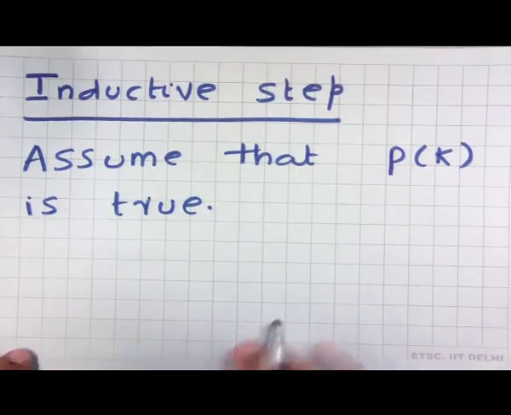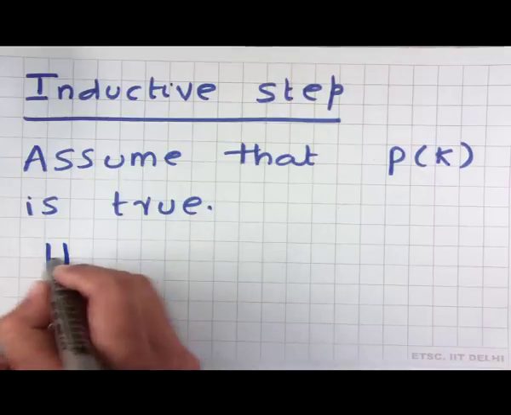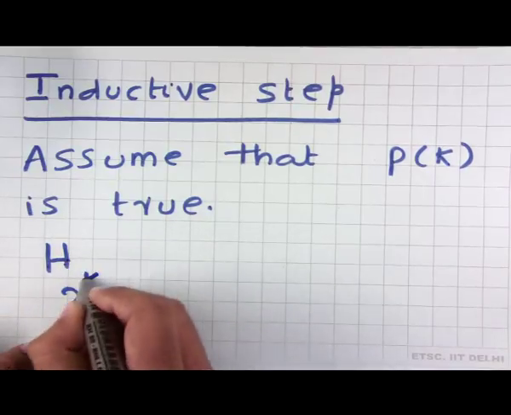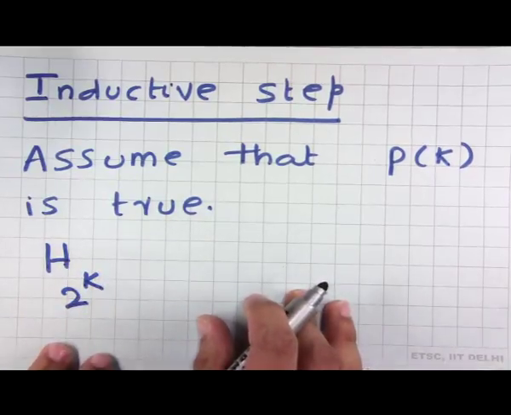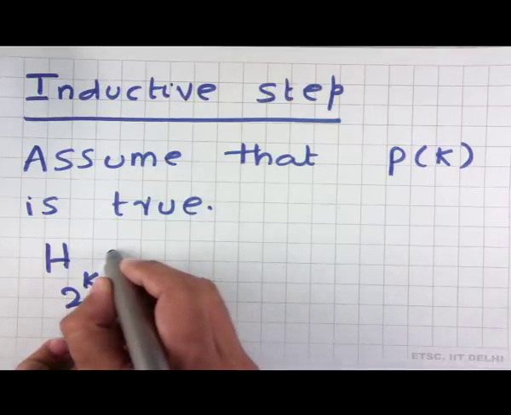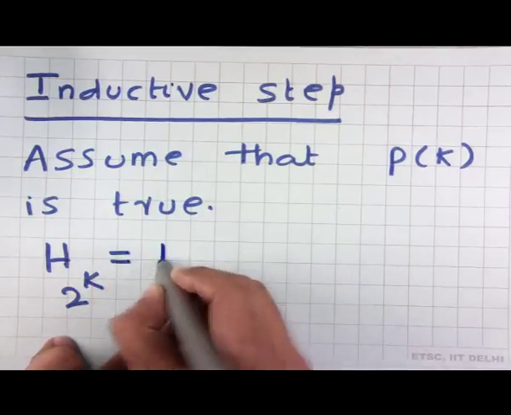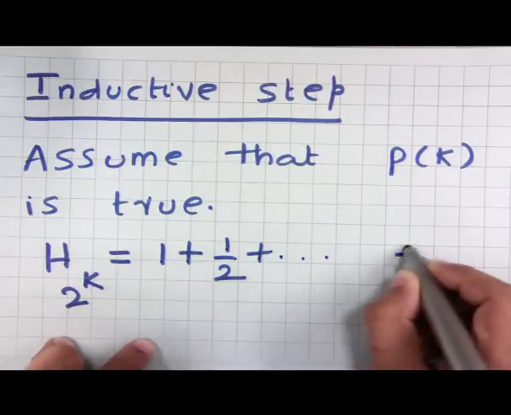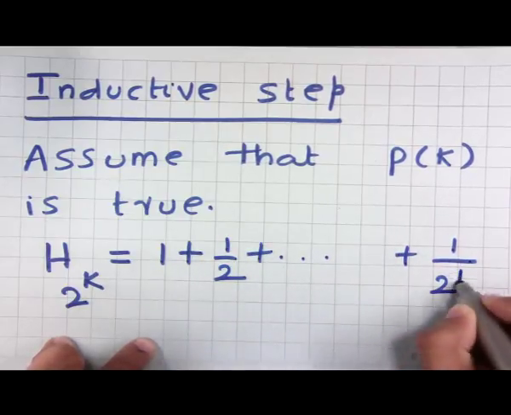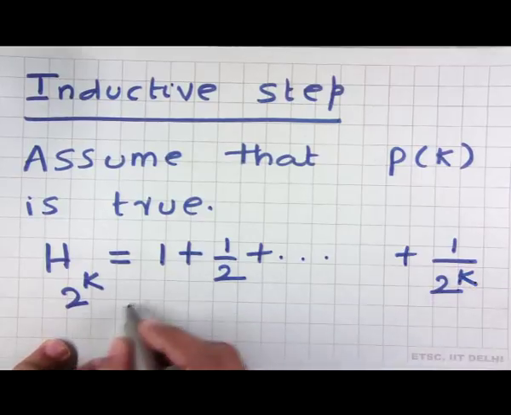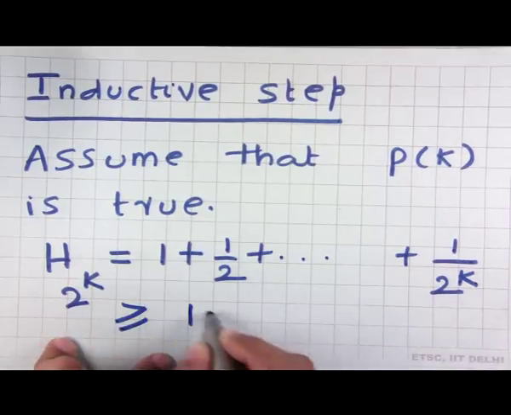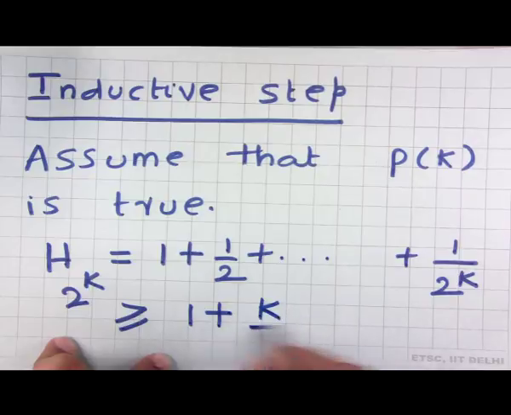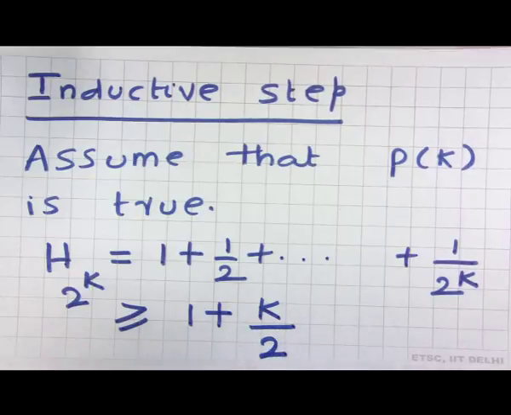That is, we assume that the 2 power kth harmonic number denoted by H suffix 2 power k, which is by definition 1 plus 1 by 2 plus etc. plus 1 by 2 power k, is greater than or equal to 1 plus k by 2. This is the assumption, the so called inductive hypothesis.